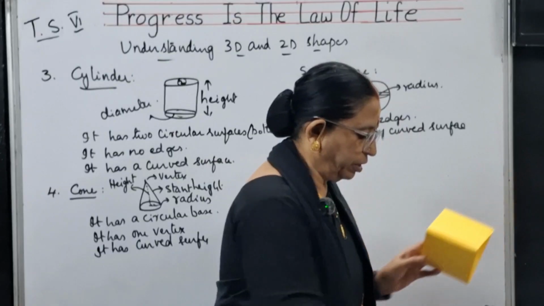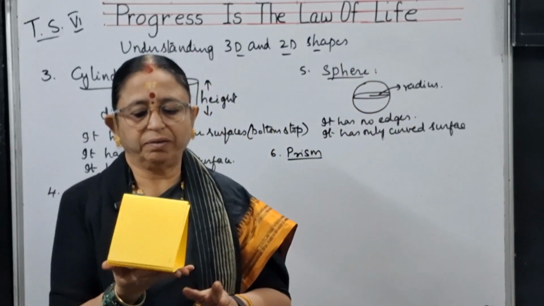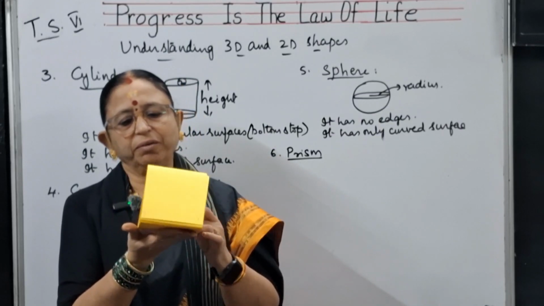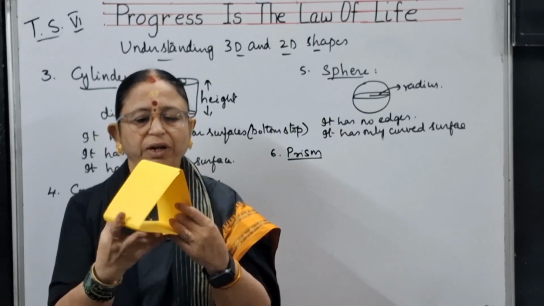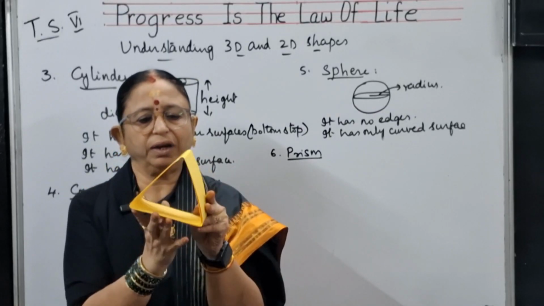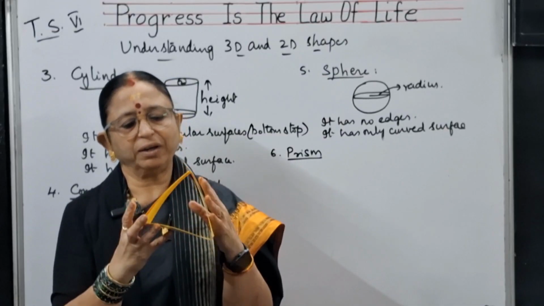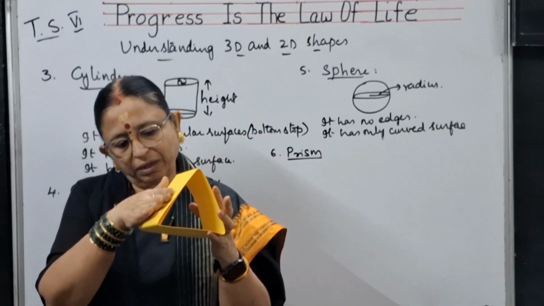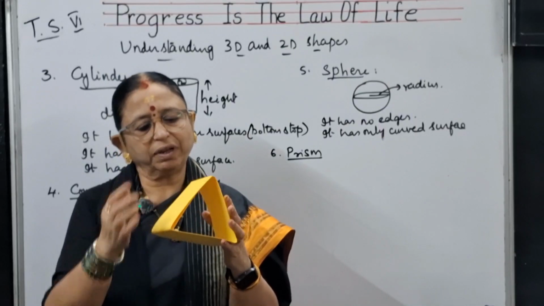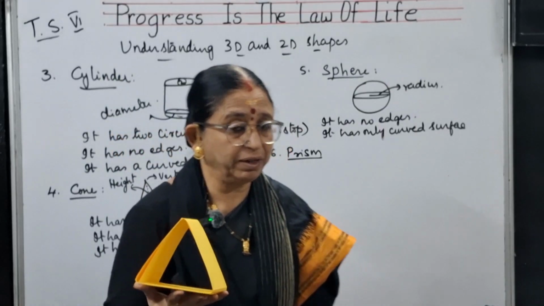So a small model, children. This is a prism. What does this prism contain? A prism contains two triangular surfaces. This is one triangle and this is another triangle. Apart from the triangles, see the sides that it has. These are parallelograms, or you can say rectangles. You have done parallelogram and rectangle.